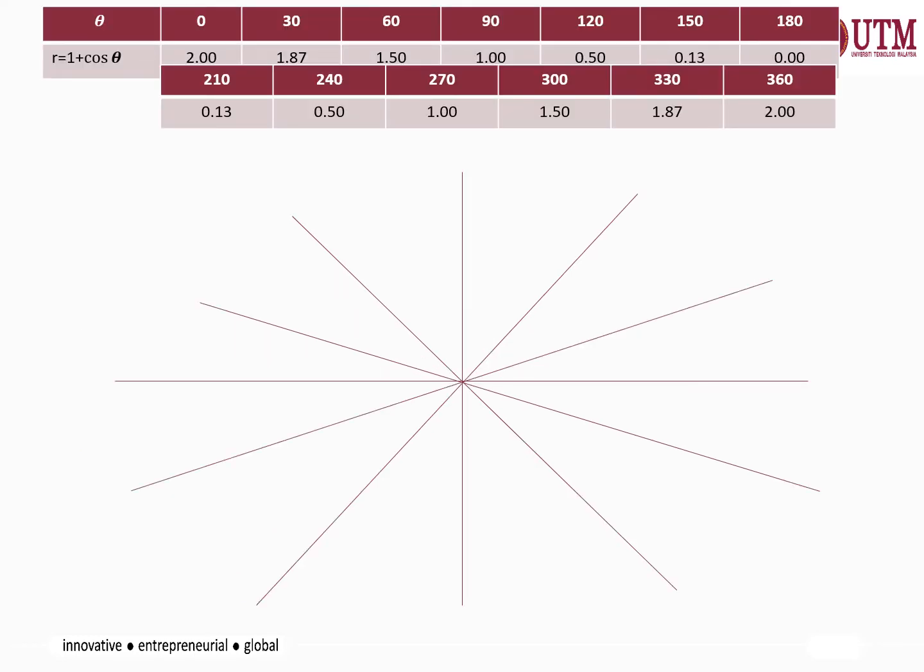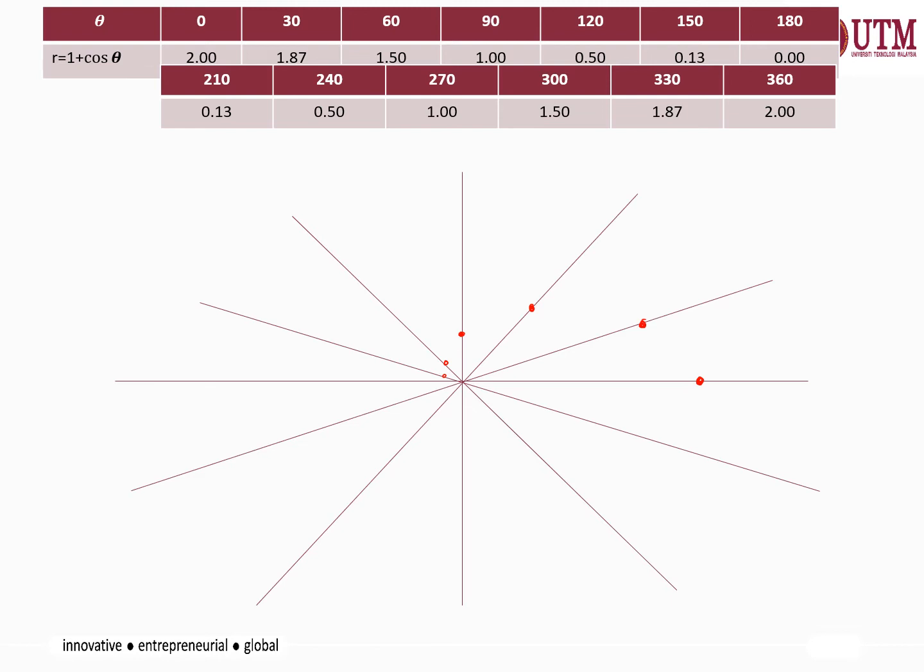From the table, r is equal to 2 when theta is equal to 0, so let's assume that r equals 2 is here. Then at 30 degrees it is shorter, 1.87, at 60 it is 1.5, then 1, 0.5, 0.13, and the last one at 180 is 0.